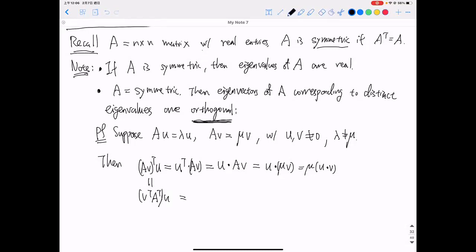Now, A is symmetric, so A transpose is A, and you can decide to compute AU first.